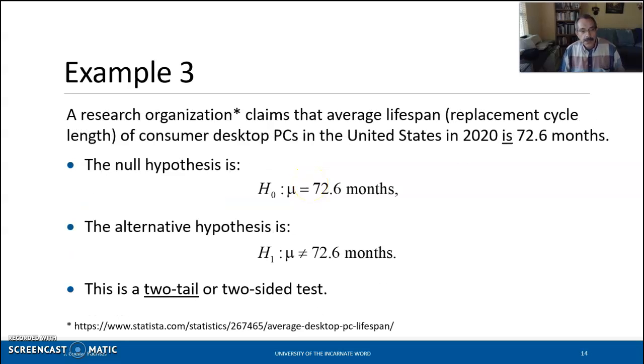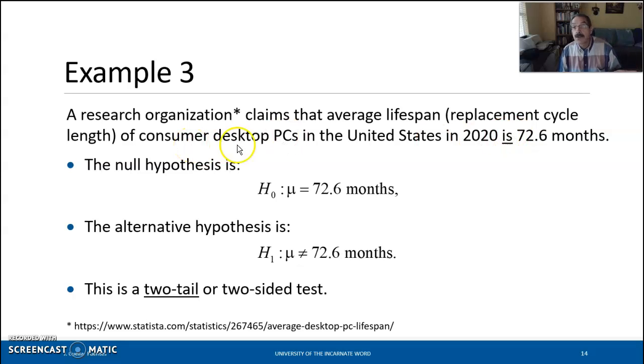In example 3, a research organization claims that the average lifespan, known as the replacement cycle length, of consumer desktop PCs in the United States in 2020 is 72.6 months. It's not saying it's more than or less than, it's saying exactly that.